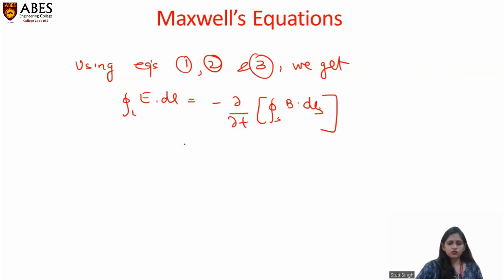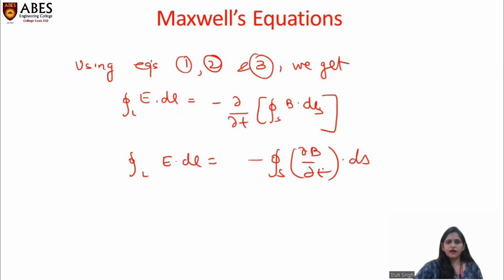So we can also write this as line integral E dot dl is equal to minus surface integral del B by del t dot dS. And this is equation number 4.